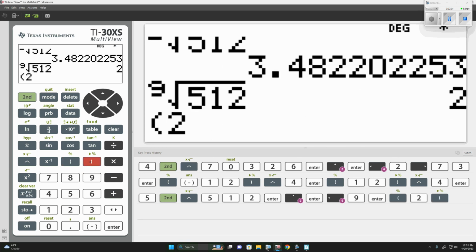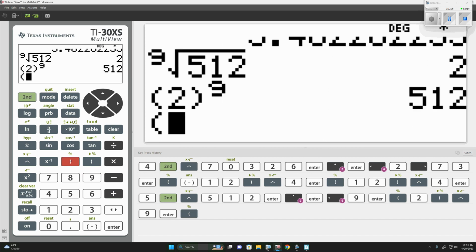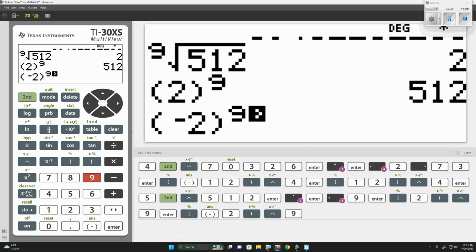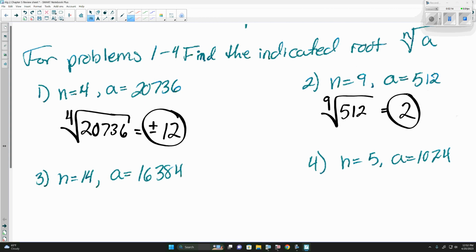Now if we do 2 to the 9th, we get 512. If we do negative 2 to the 9th, we get negative 512. They're not the same. So with odd roots, we don't have the plus or minus. With even roots, we do. So with number 3, we would have plus or minus. With number 4, we would just have whatever the number is.